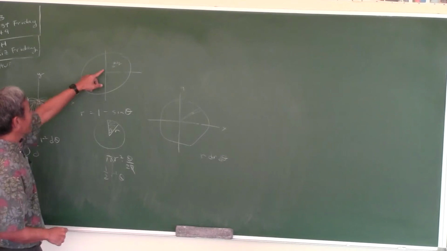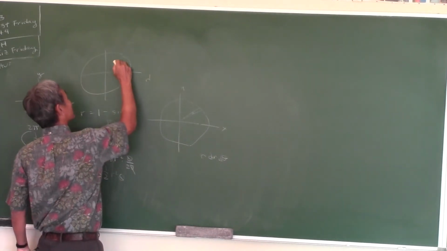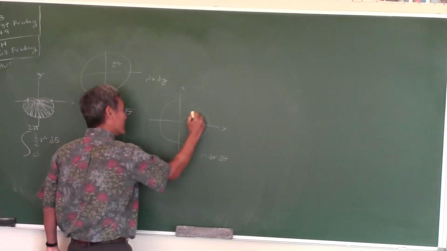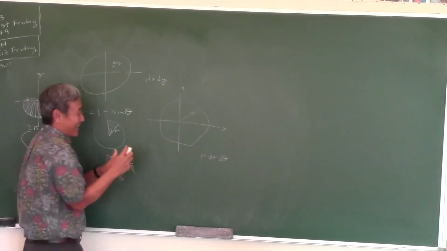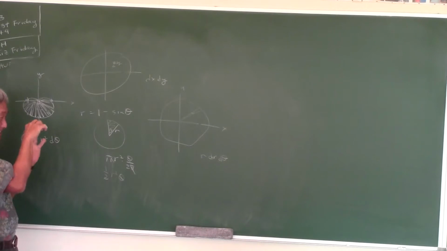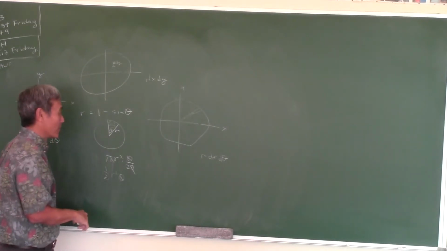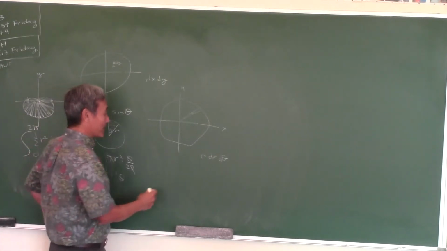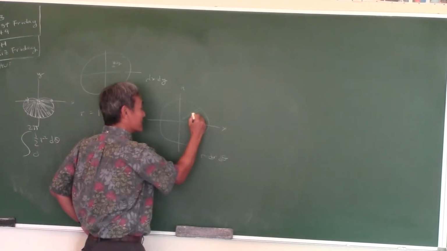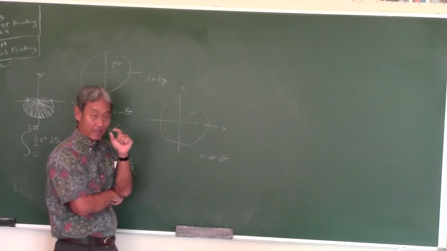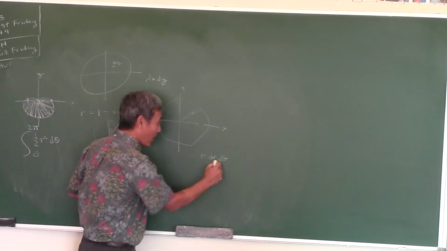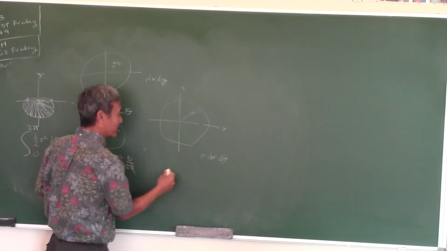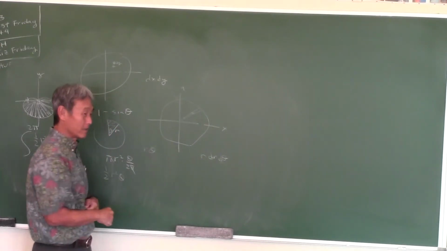See, in the rectangular coordinate system, your infinitesimally small square is dx times dy. But this infinitesimally small piece, you can think of it as pretty much a square almost. It's r dr d theta. Now, how do you think of that? dr is the change in r, infinitesimally small. What is r d theta?